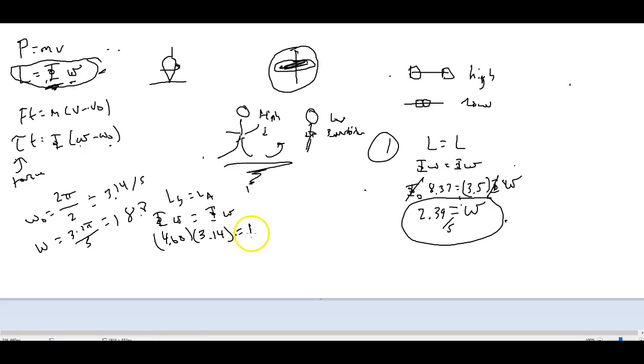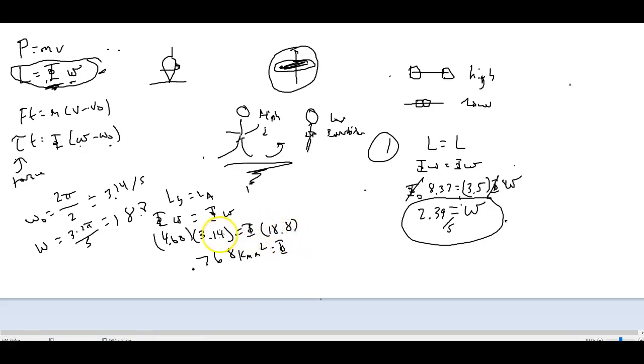And then the final inertia, I don't know, but I'm going to find that, times 18.8. So I'm going to divide that out, and I get 4.6 times 3.14 divided by 18.8, and I get 0.76, which is what the answer key says it should be, so that's some good news. 0.768 kilogram meters squared is my inertia.